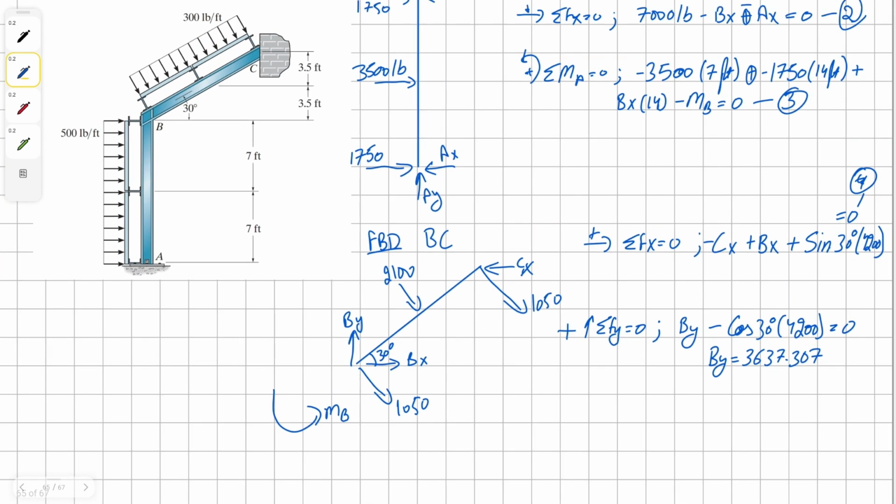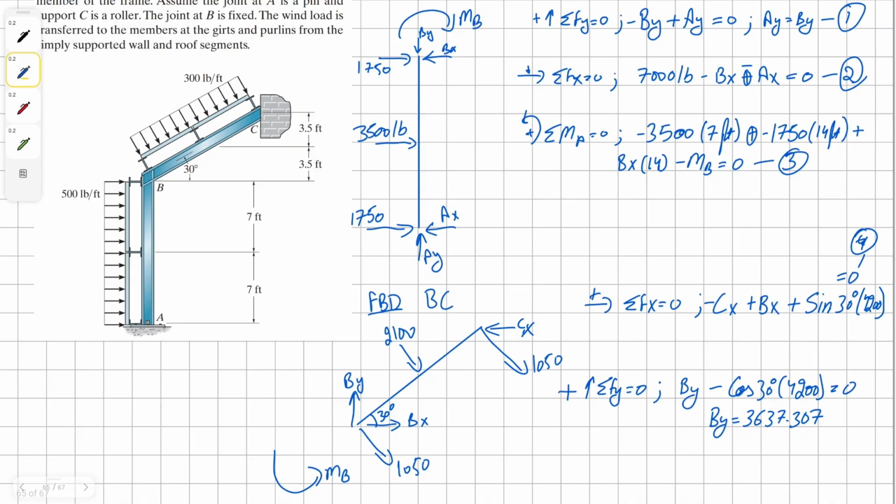Now that we have By, we also know our Ay, which is 37.307.